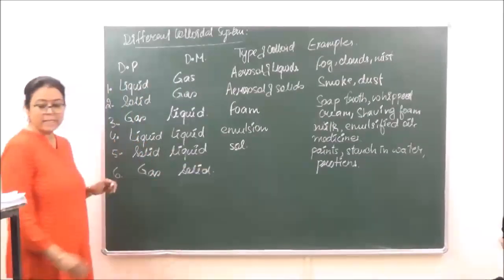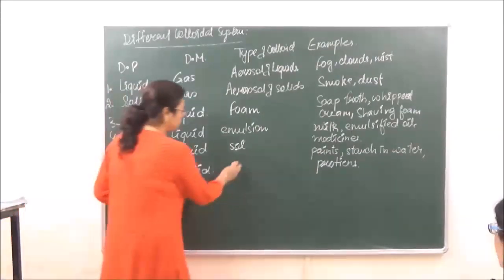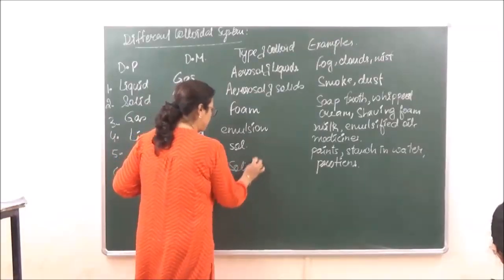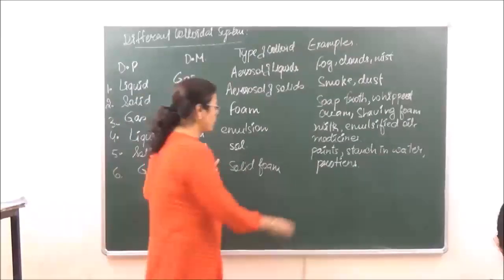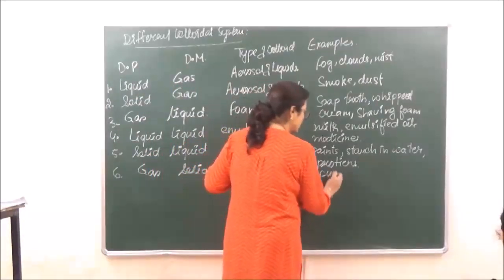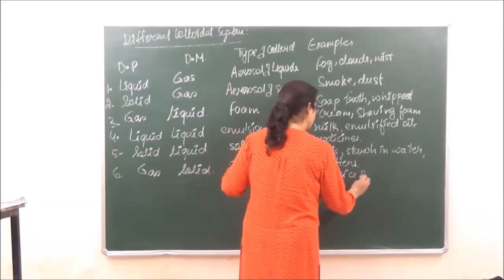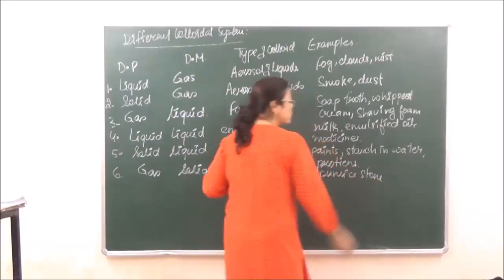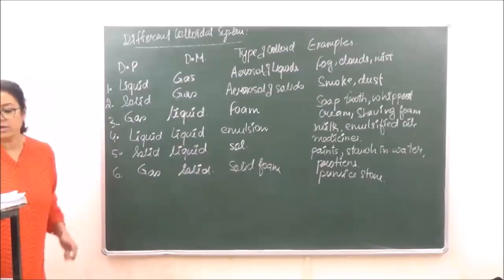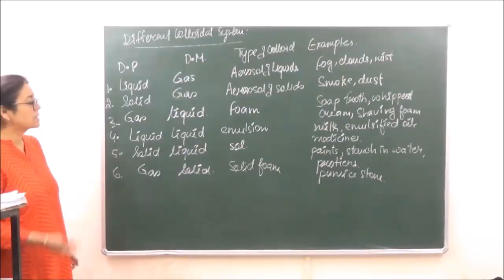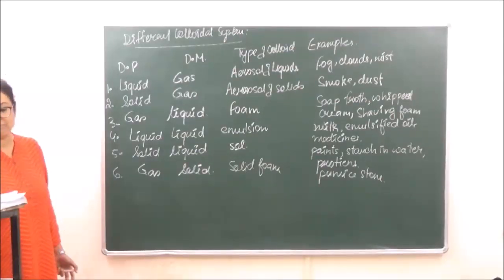This is known as solid foam. An example which we can take over here is pumice stone, right? Pumice stone is that red color stone which is generally used to scrub feet and remove the dead skin in the feet.